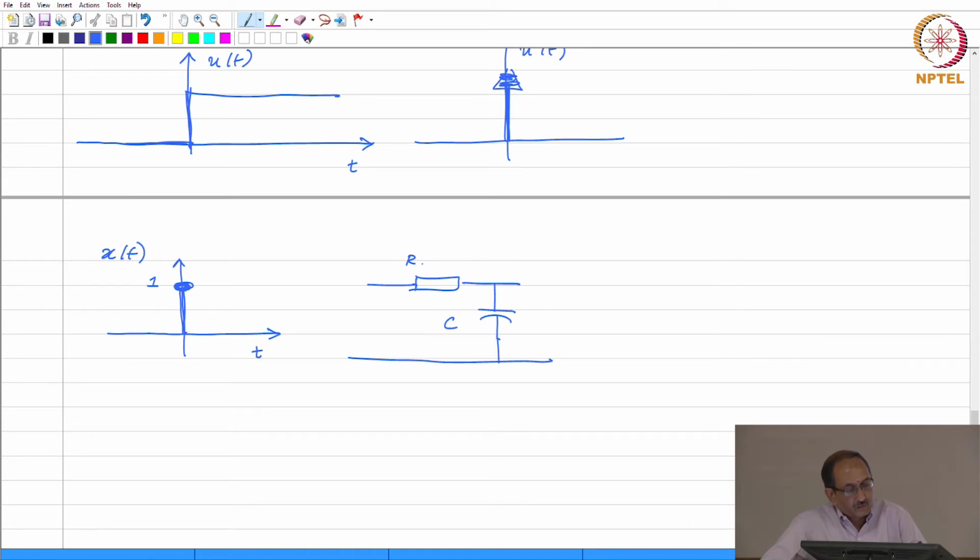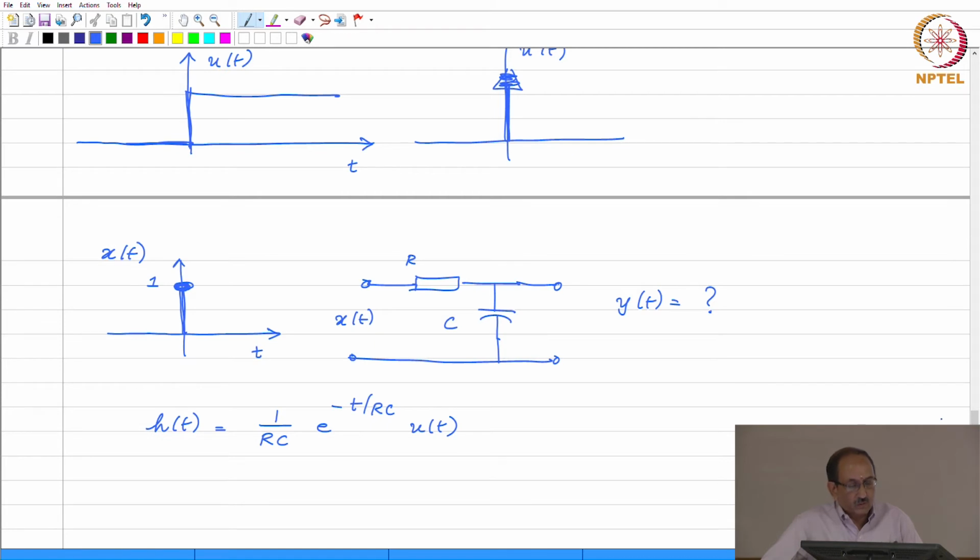R can be anything, it can be 1 ohm and C can be 1 farad. So this is my x of t, and the question is what is y of t. The impulse response of course is 1 over RC e power minus t by RC u of t.